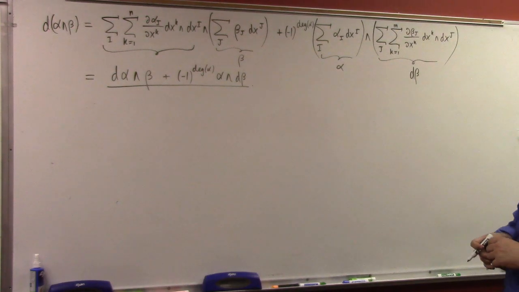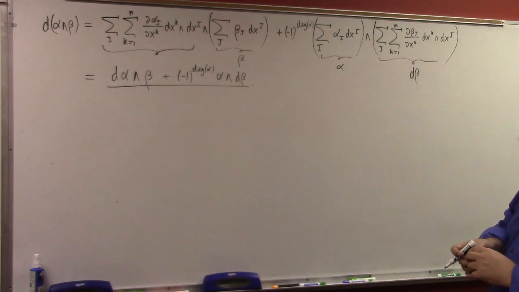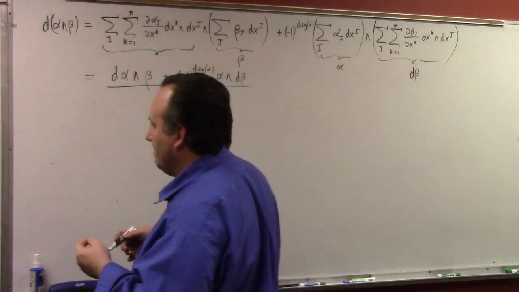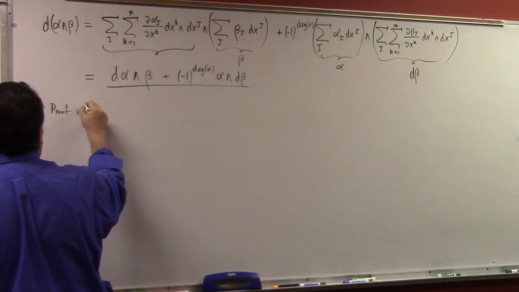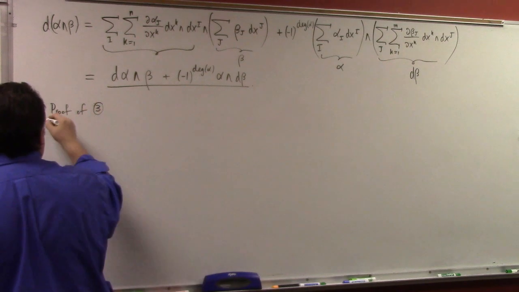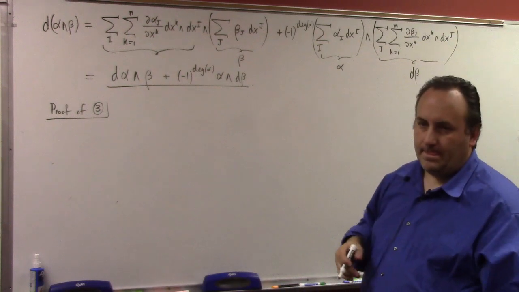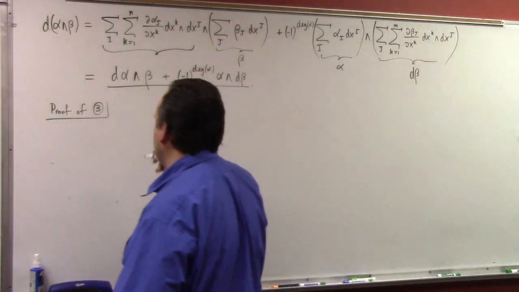So what's the proof of 3 look like? How do you think I should do that one? Let me start out easy. Let's do it for 0 form.